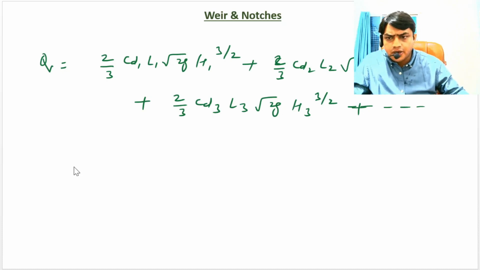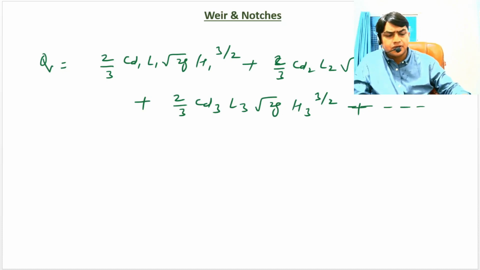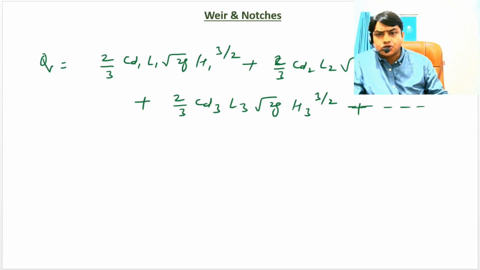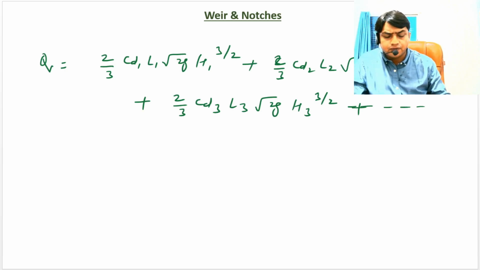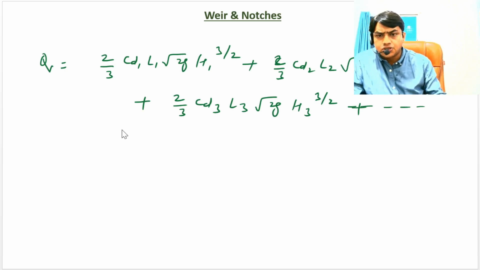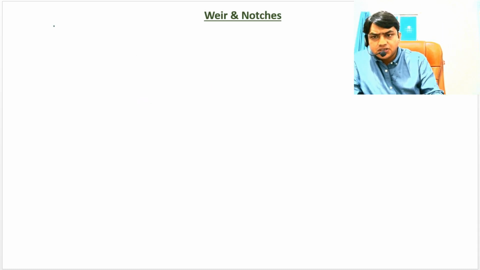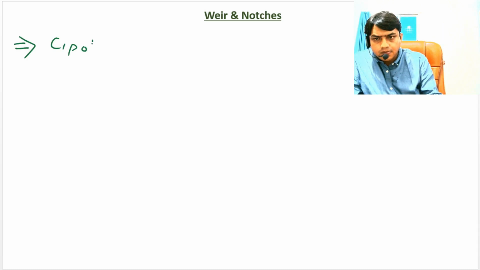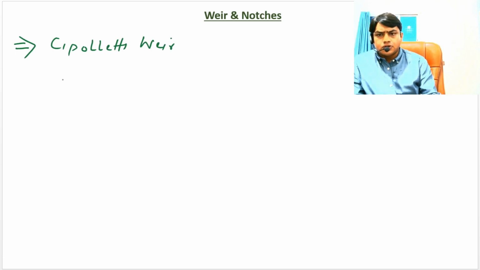So we have discussed how to compute the expression of discharge in the case of a stepped notch. Now I am going to discuss the Cipolletti weir. So what is a Cipolletti weir?